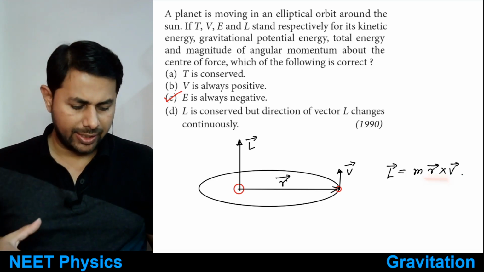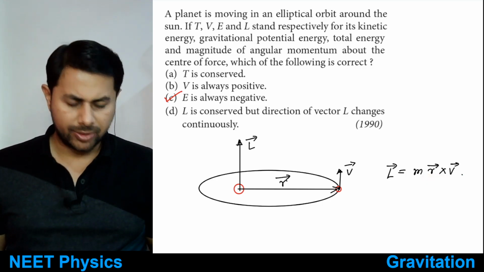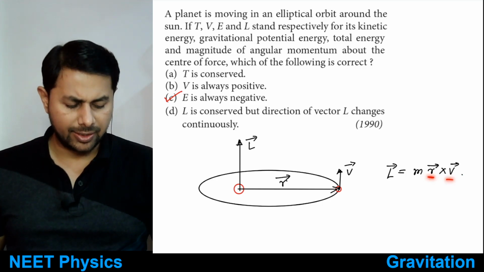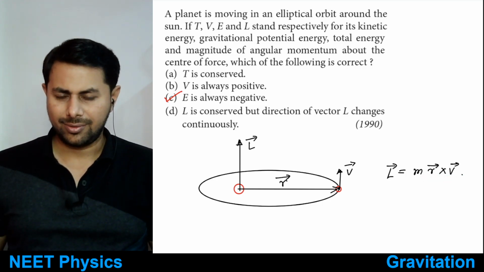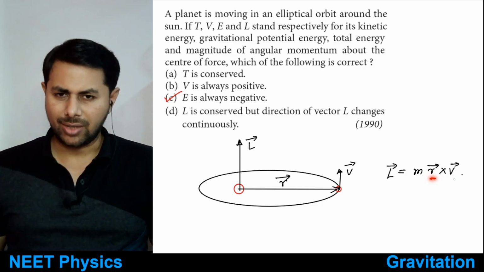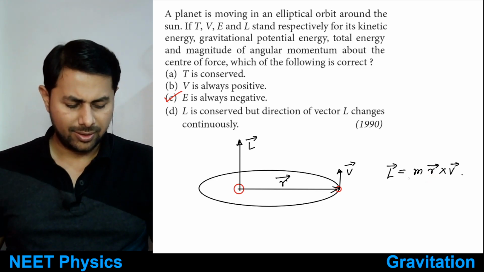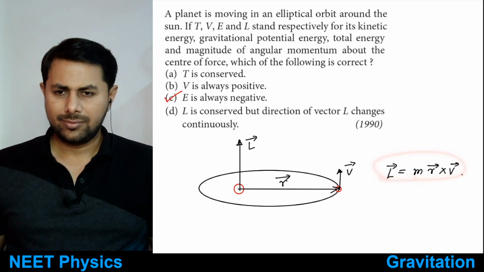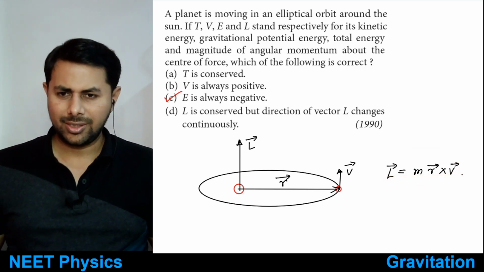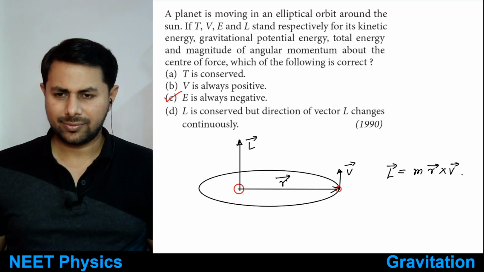The resultant of the cross product is perpendicular to the first vector as well as the second vector, means it's along the axis. So it's not going to change, right? This thing is clear.